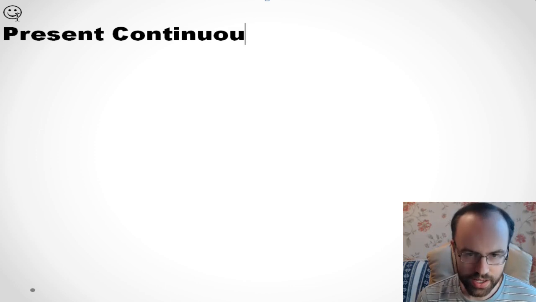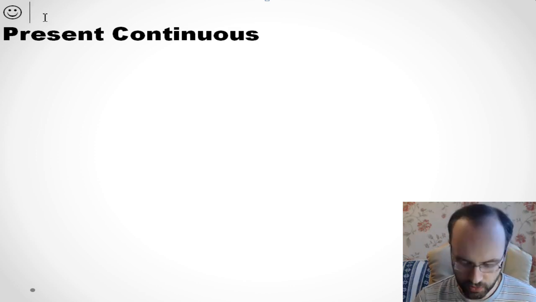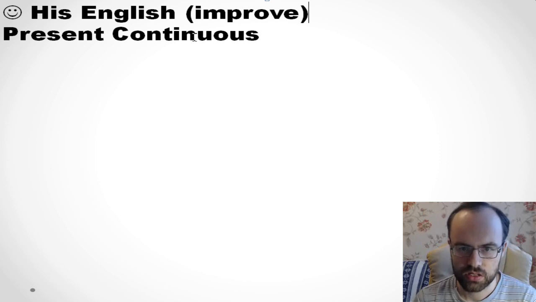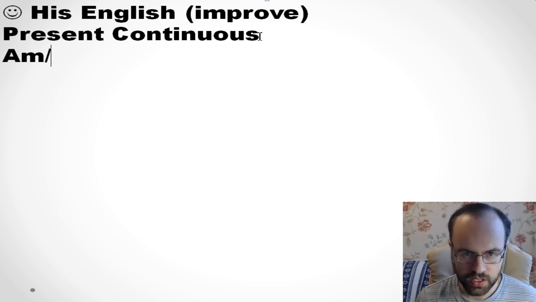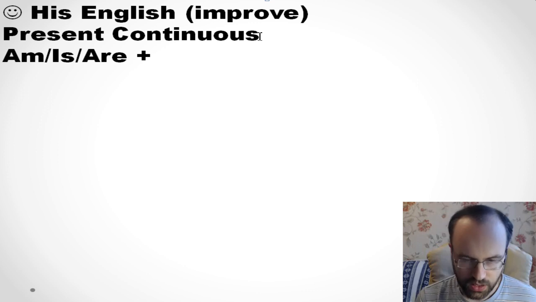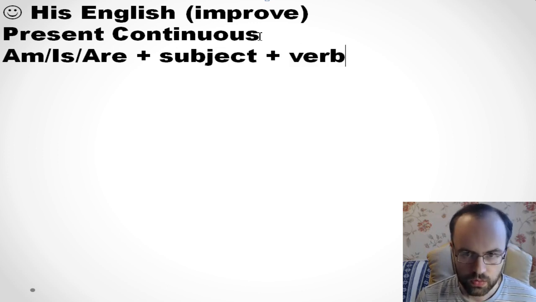Let's ask a question in present continuous. It's also very easy. You put the form of to be in the beginning, so am, is, or are, plus subject plus verb plus ing.